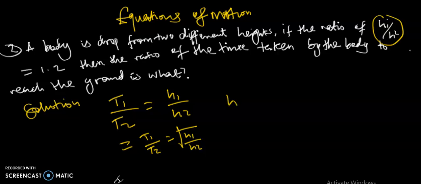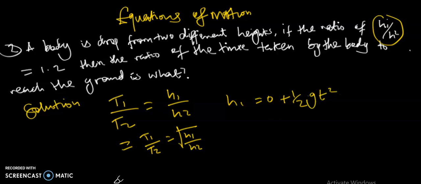We know that height 1 will be given by 0, because the body is dropped, so the initial position is 0, plus a half gt squared.